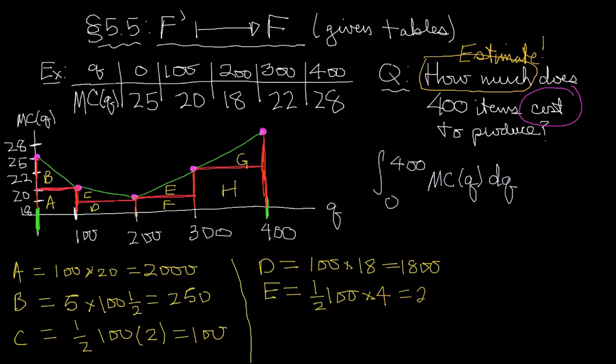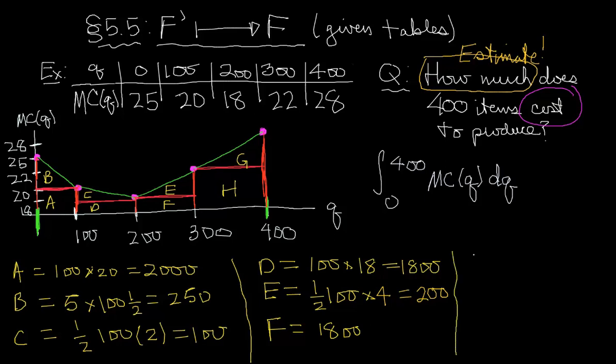And that's going to give us 200. If we go to F, that's a rectangle, so it has length 100 and width 18, so we're going to get 1,800.